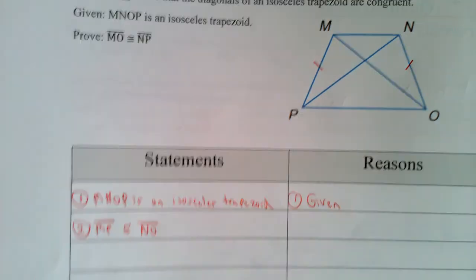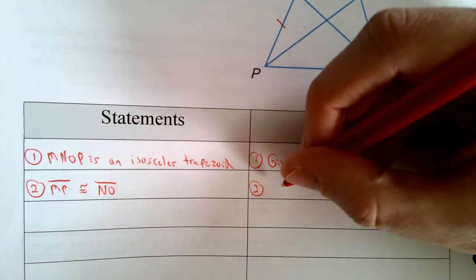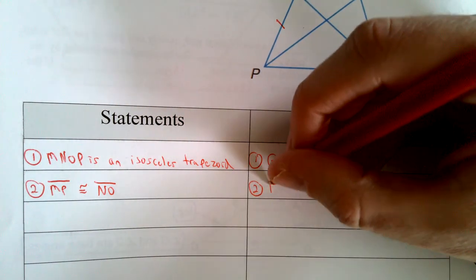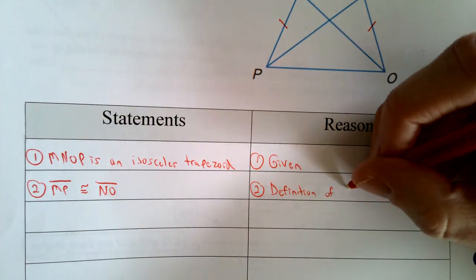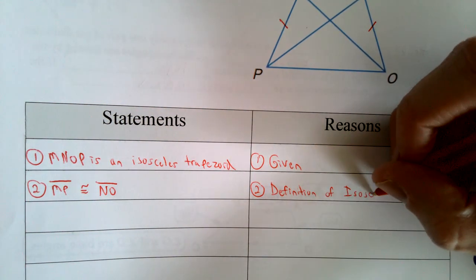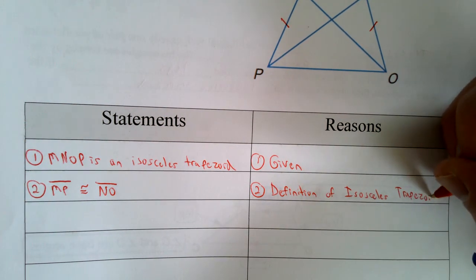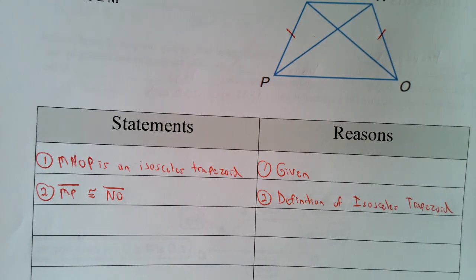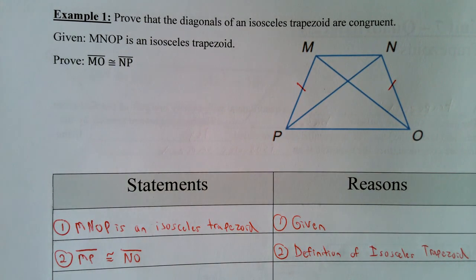That's the definition of an isosceles trapezoid. Now remember, I can use anything I want in this proof except what I'm trying to prove.